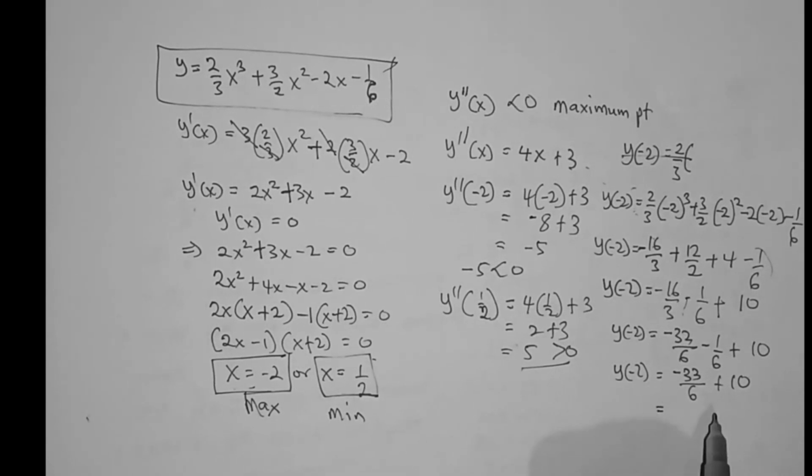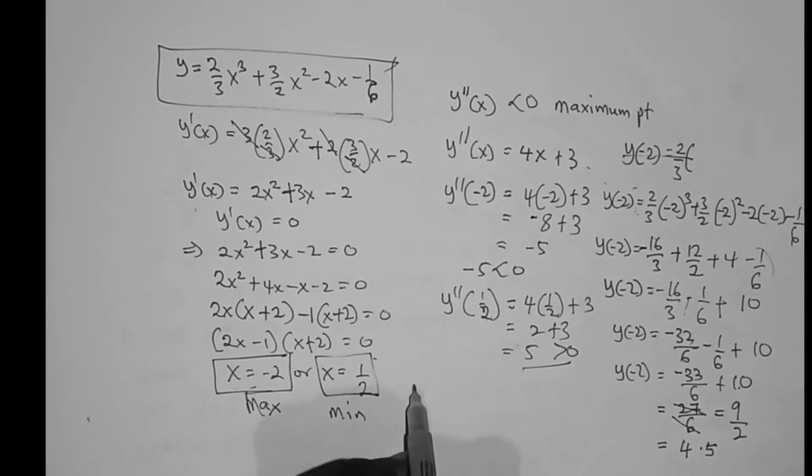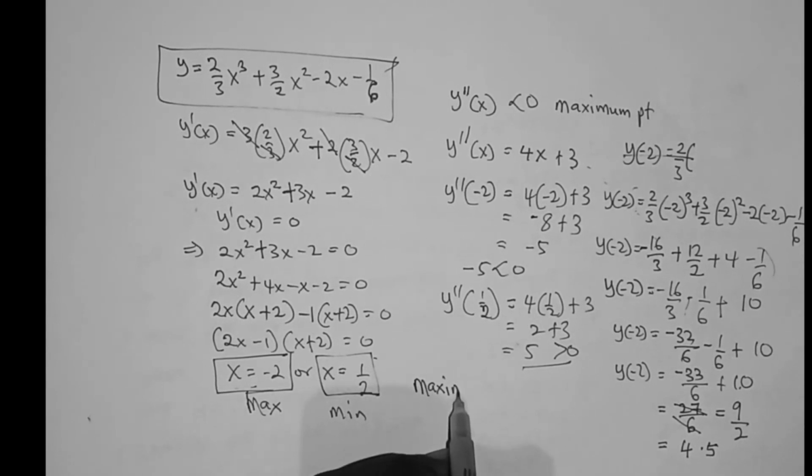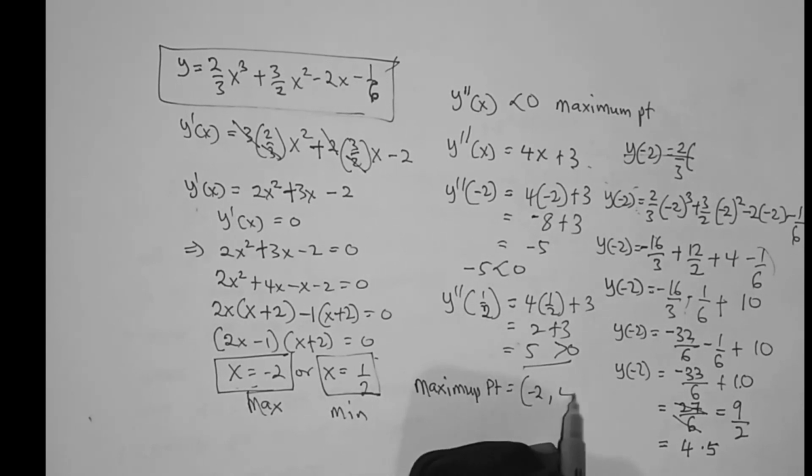So this is equal to 6 times 10 is 60, minus 33 plus 60 is equal to 27 divided by 6. And 27 divided by 3 is 9. And 6 divided by 3 is 2. So it's equal to 9 over 2. And 9 over 2 is equal to 4.5. And therefore, the maximum point is equal to minus 2 and then 4.5.